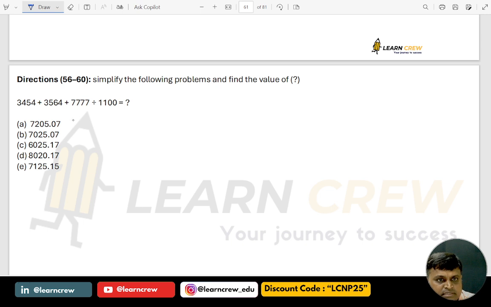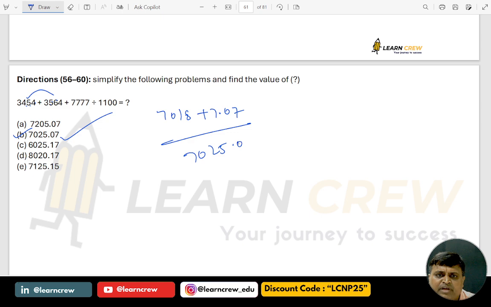So the digital sum, if you check, the answer would be 7025.07, because if you add these two, you will get 7018 plus 7.07. So it is simply 7025.07.